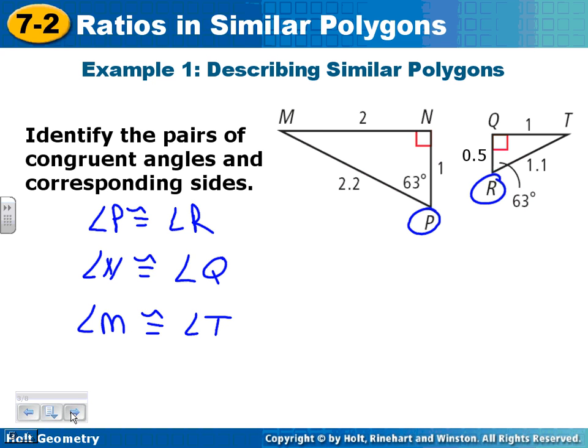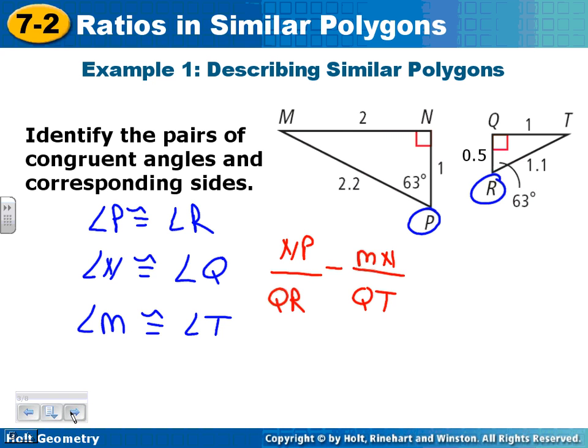Now, as far as side lengths go, what about side NP? That's proportional to QR. Keep going. Side MN. That would be proportional to QT.